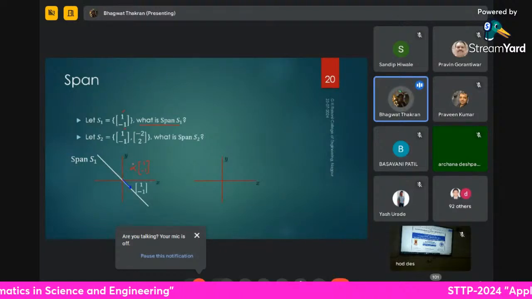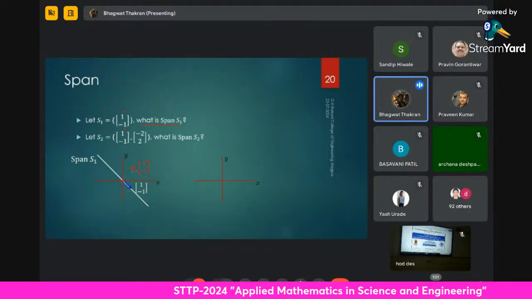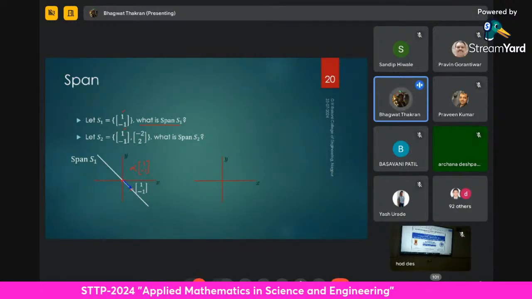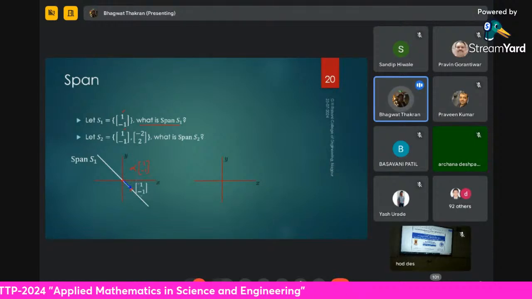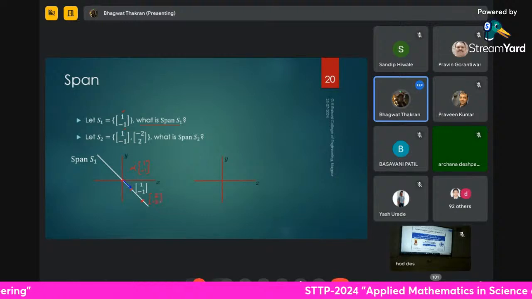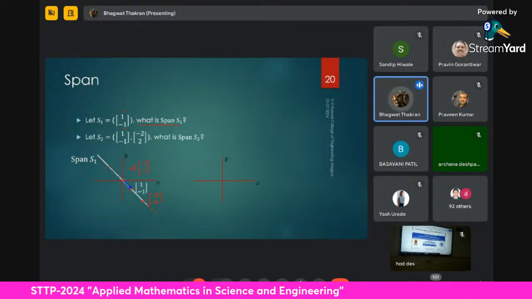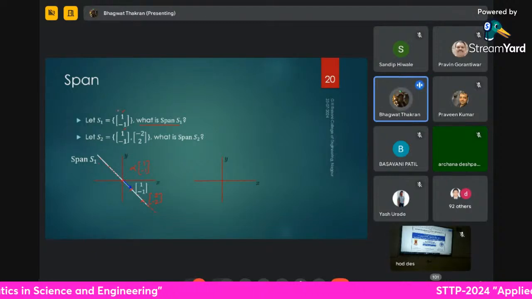So whatever the value of alpha we take, if I choose alpha to be 0, it will be the origin point. If I take alpha to be 1, it will be the vector itself. If I take alpha equal to 2, it will be double the vector, 2, minus 2. And each vector, depending on the value of alpha, will lie on this white line. So this white line is called the vector space for this set S1.